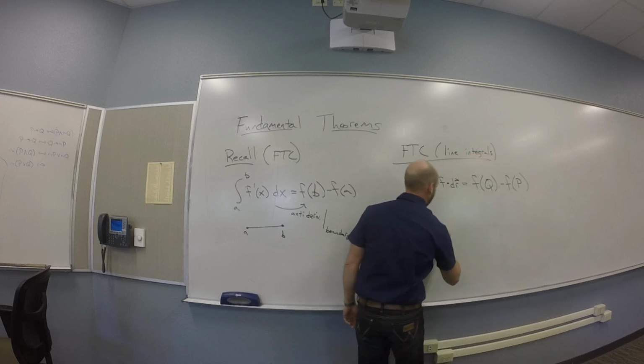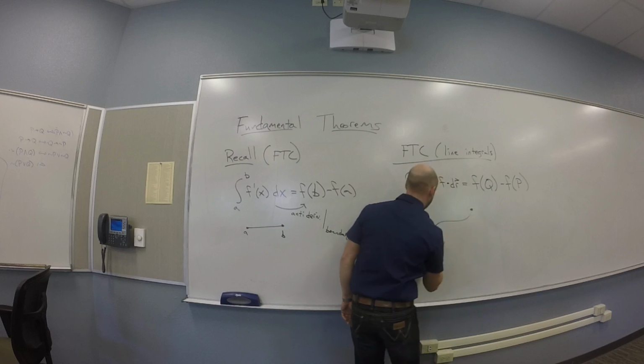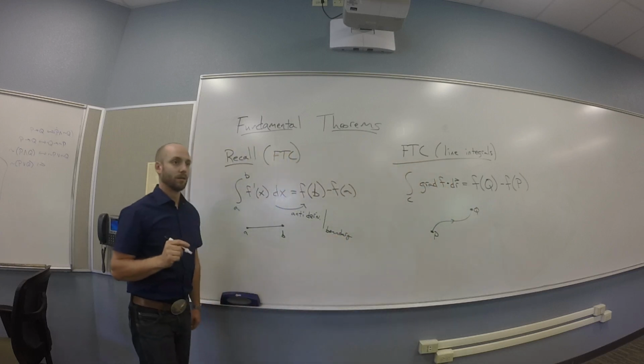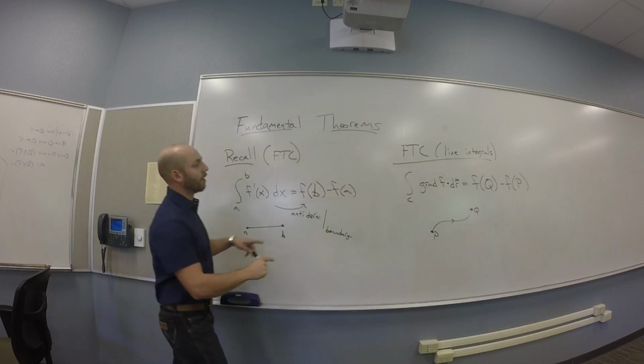This is me thinking there's a curve C, and it goes from a point P to a point Q. So again, what did I do?